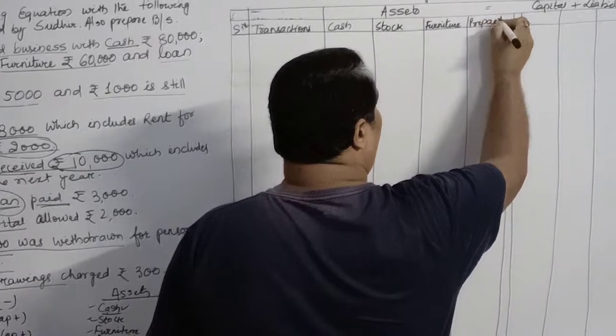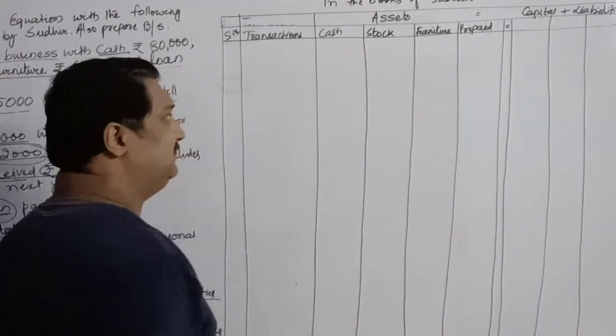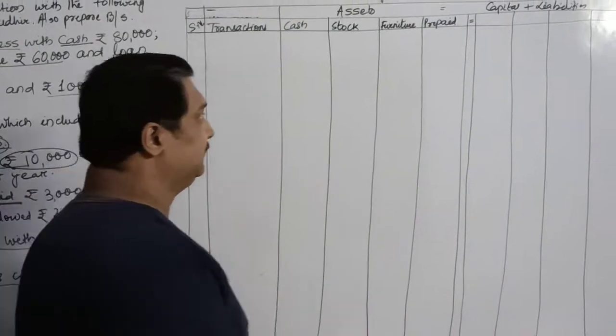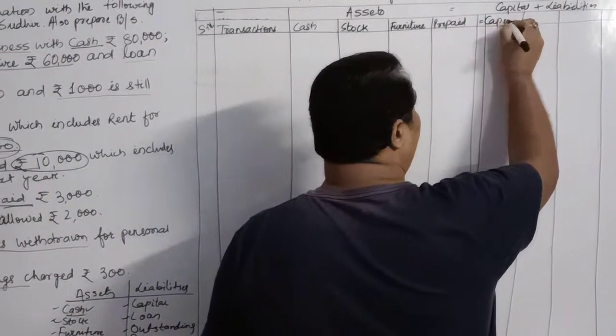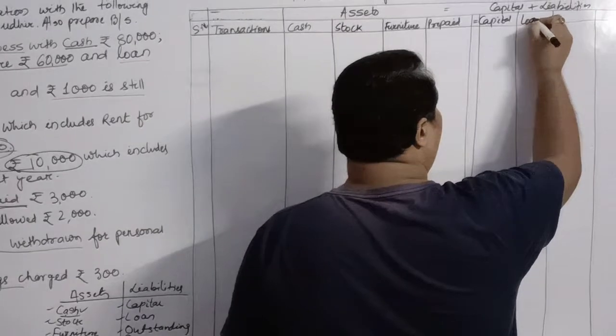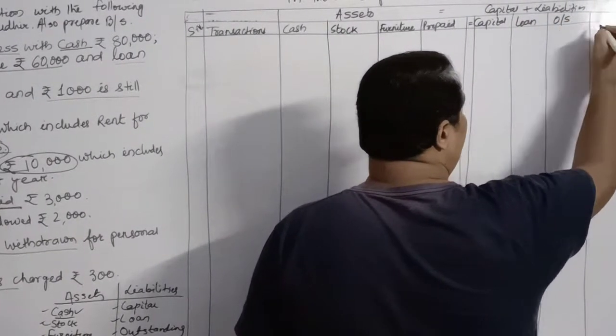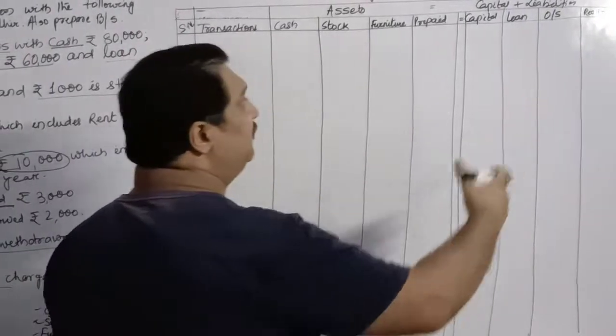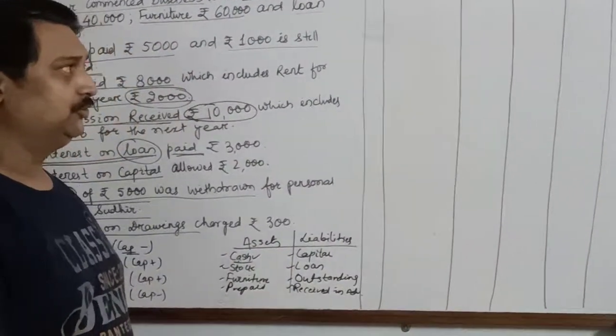So these are the 4 columns to be drawn on your asset side. And capital, loan, outstanding and received in advance. So these are the 4 columns on your liability side also.